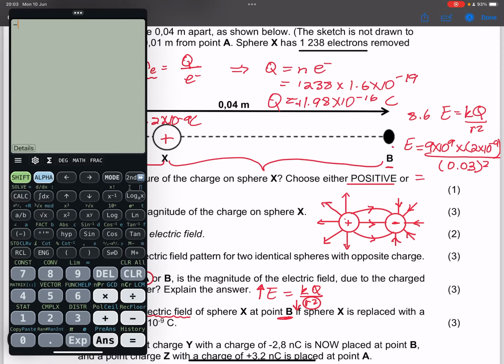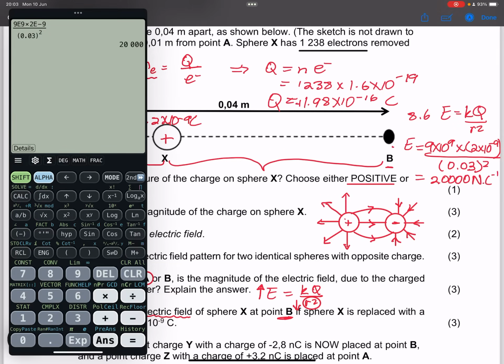Let's calculate that quickly. We've got 9 times 10 to the 9 multiplied by 2 times 10 to the -9, divided by 0.03 squared, which gives us 20,000 newtons per coulomb.